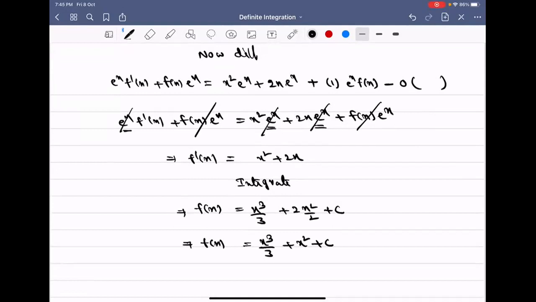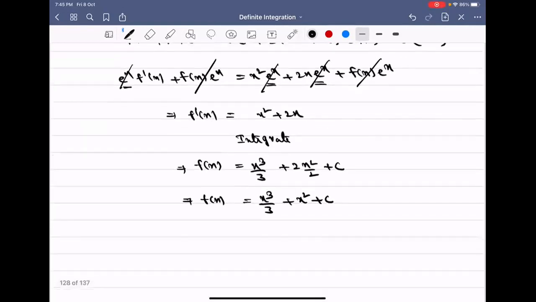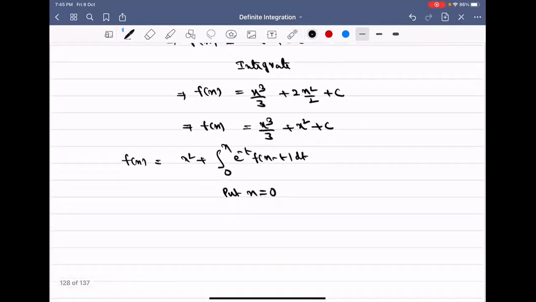Now what about c? To find the c value, you take f of x, the given function: f of x is equal to x square plus integral 0 to x e power minus t into f of x minus t dt. In this one, put x equal to 0. If you put x equal to 0, then what you get? f of 0 is equal to 0 square plus integral 0 to 0 e power minus t into f of 0 minus t dt.